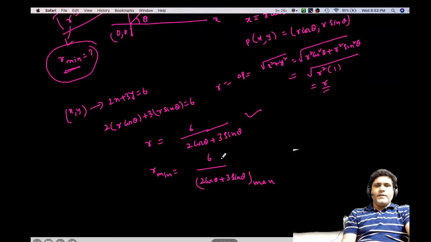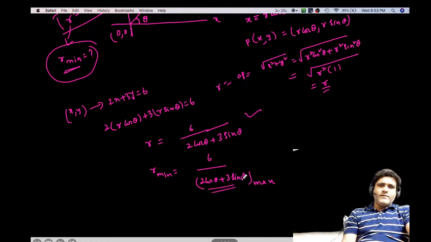This is applicable only when the numerator is constant. If the numerator is also variable, then we cannot say this. If we divide the constant by the maximum value, the output is minimum.